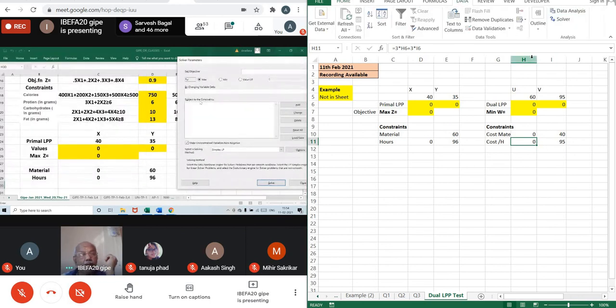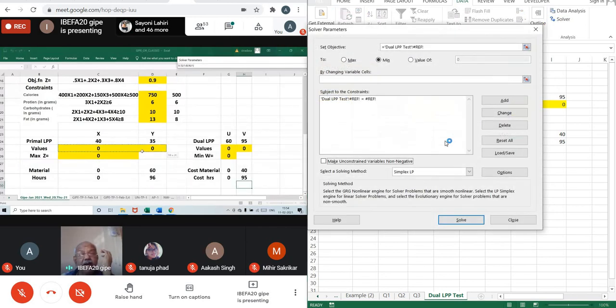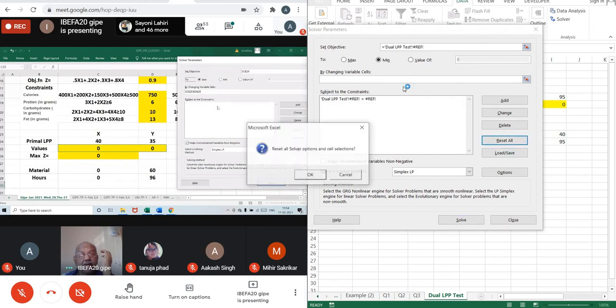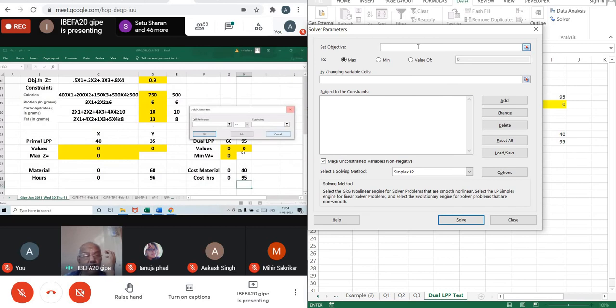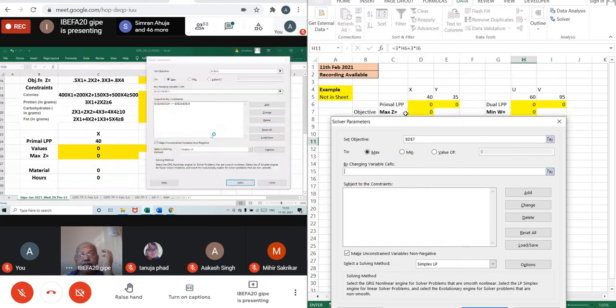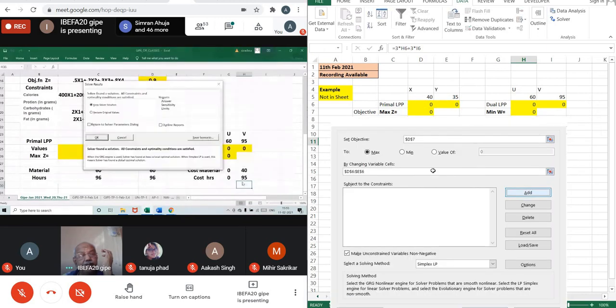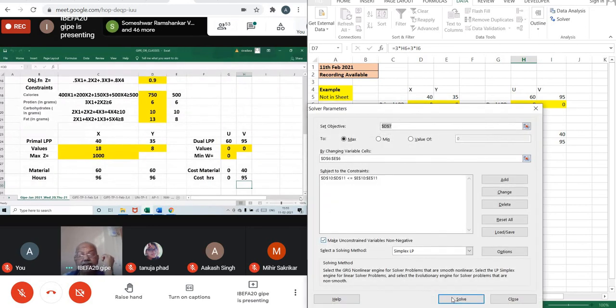Primal. Objective function will be maximum Z. Cells are X and Y. Constraints both are less than or equal to, so I can give at a time. Solve it. 1000. Go to our next one.